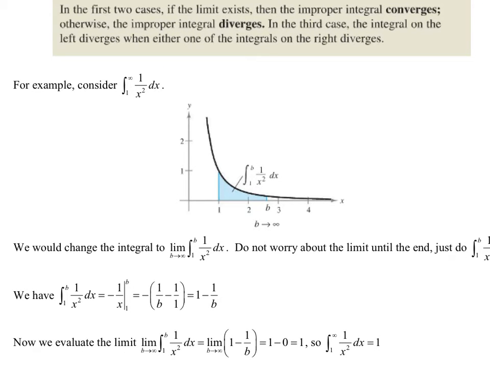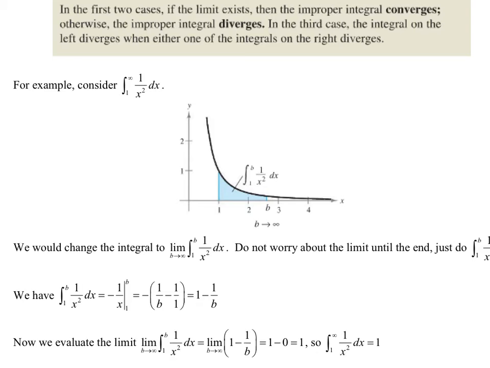Okay, let's look at the example. It says, for example, consider the integral from 1 to infinity of 1 over x squared dx. In the real picture, I'm wanting to find all of this area, the entire area as it goes out to infinity. But how am I going to do it?